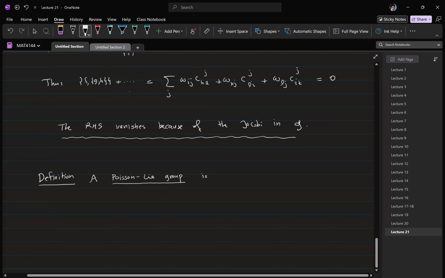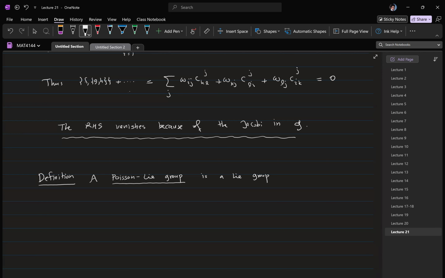A Poisson-Lie group is just a Lie group. Remember, we talk about matrix Lie groups mostly in this course, so you can imagine that the local charts are coming from local charts in GLNC, basically from the Lie algebra. We know all of this.